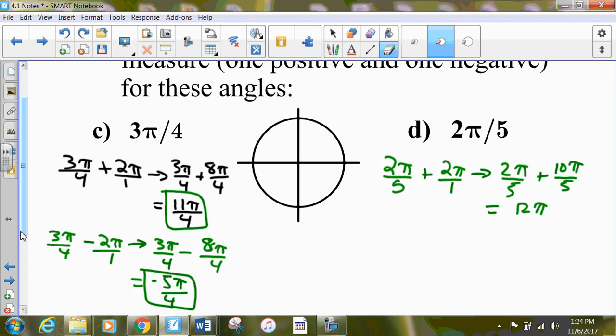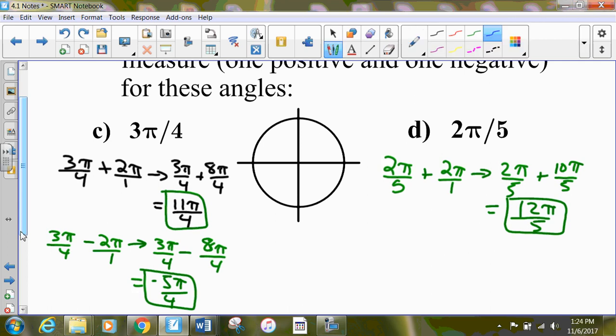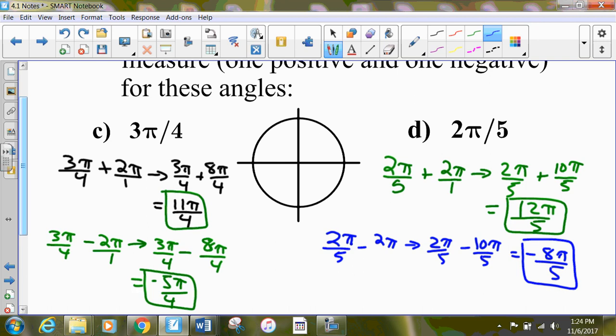Doesn't really look like a 12, does it? Kind of looks like an R. All right, we get 12 pi over 5. So that's our positive coterminal angle. And then if we go ahead and take 2 pi over 5 and subtract 2 pi, we're going to rewrite that. Of course, I don't need to do this twice. We already did. We know that's 10 pi over 5. So that gives me a negative 8 pi over 5. So there's my negative coterminal angle.